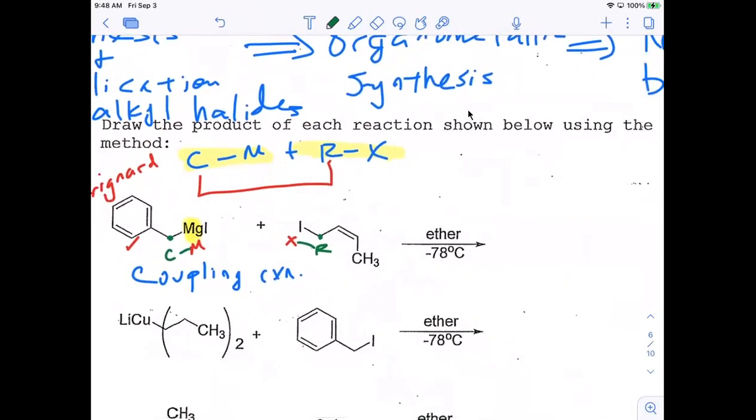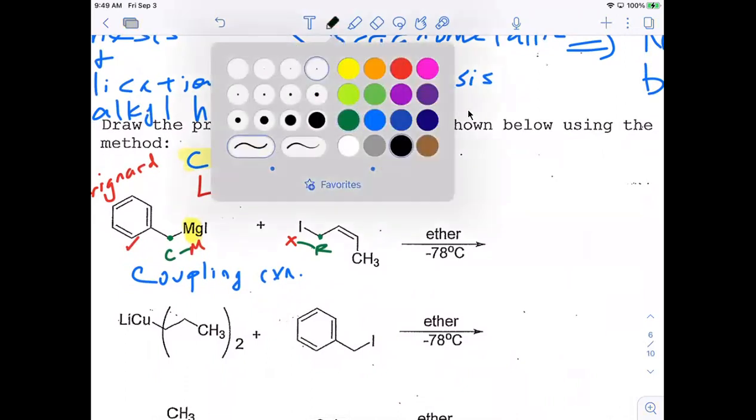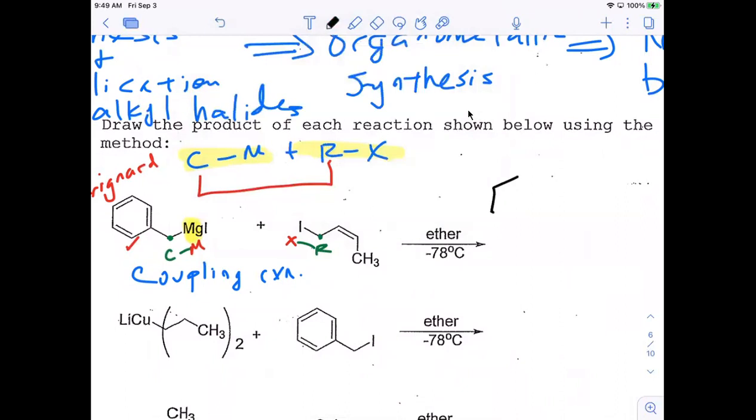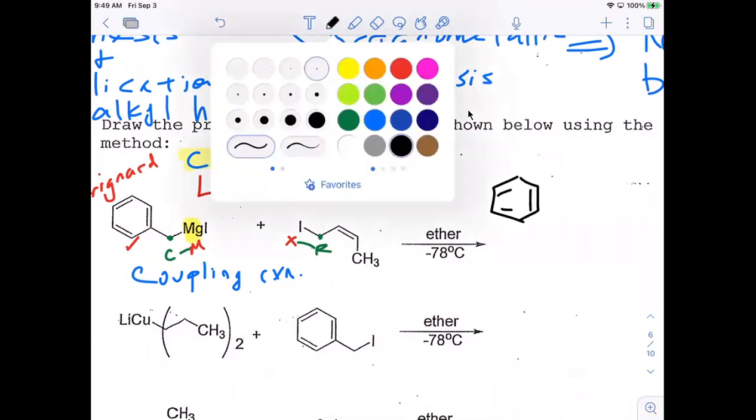So what two carbons am I putting together in the product to make my new carbon-carbon bond? All this stuff back here stays the same. The ring doesn't react at all, right? That's just a substituent on the carbon that I'm reacting.